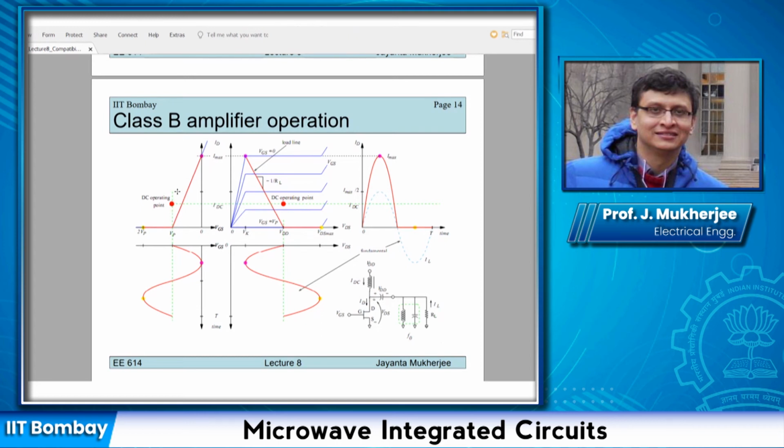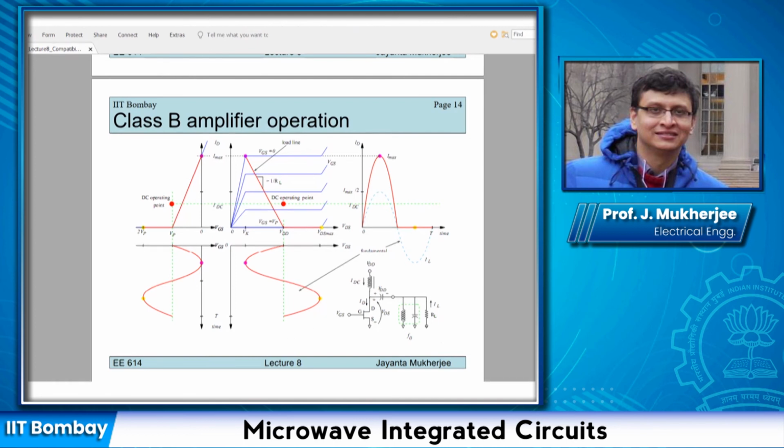Now my current could be any value. I could have taken my current here, any point. But I choose this value, this red dot, which corresponds to VDD on VDS, because that also corresponds to 50% of the VDS sinusoidal duty cycle.